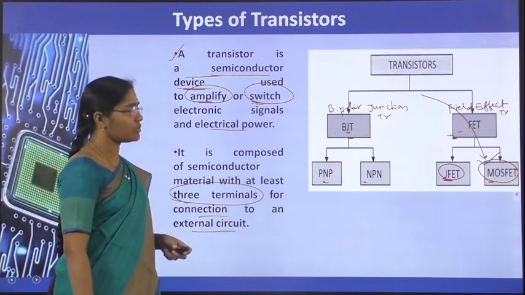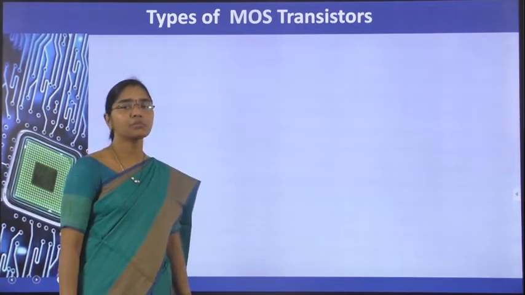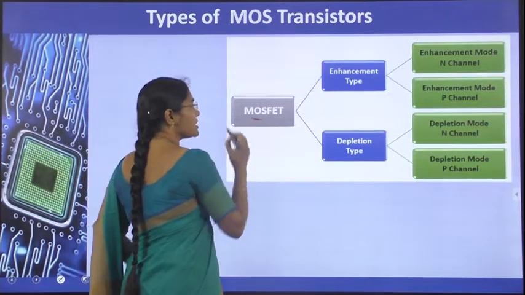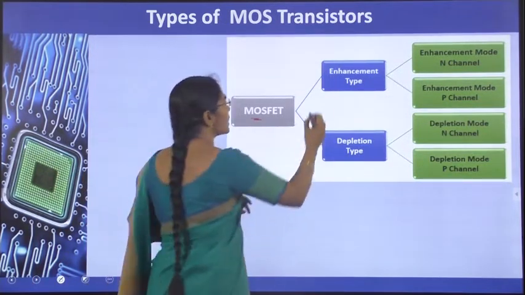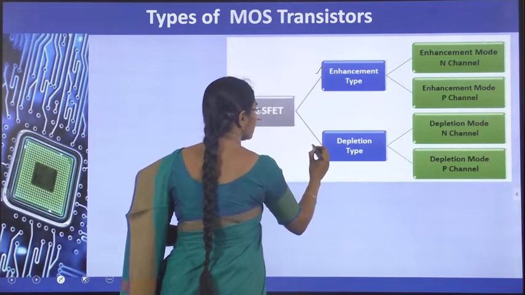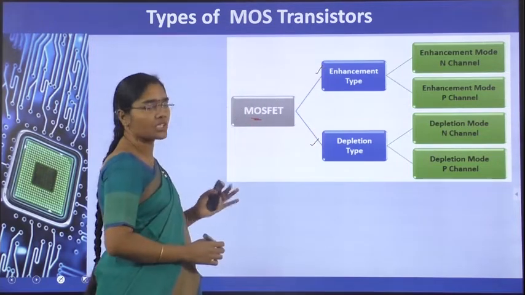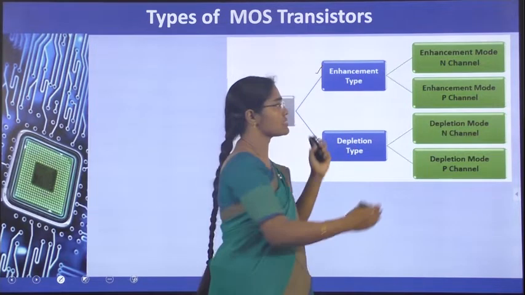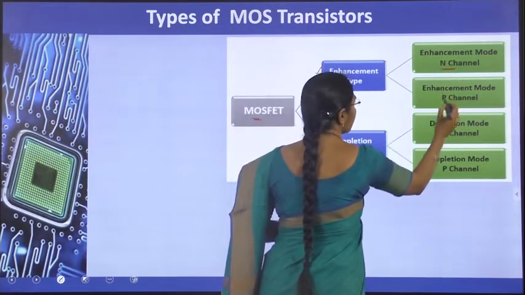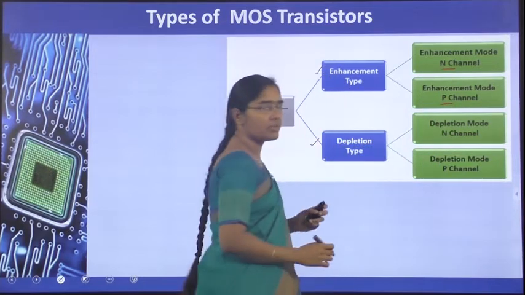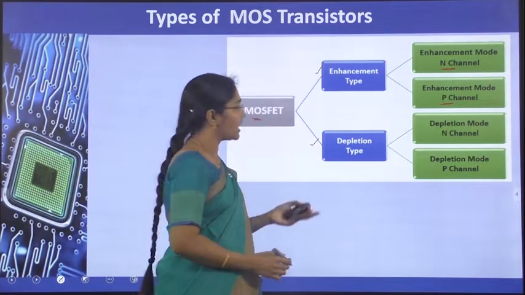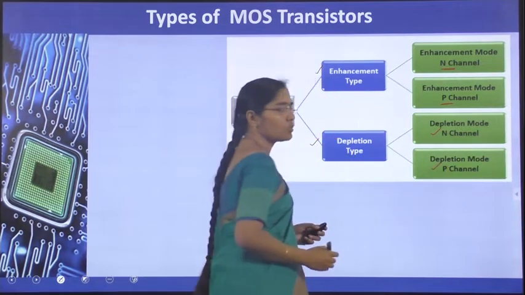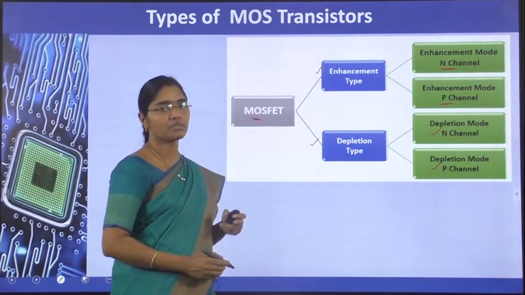Let us see the types of MOSFET transistors. MOSFETs have 2 types: one is enhancement type, another is depletion type. In the enhancement type, there are 2 types of transistors: N-channel and P-channel. In the depletion type also there are 2 types: N-channel and P-channel.